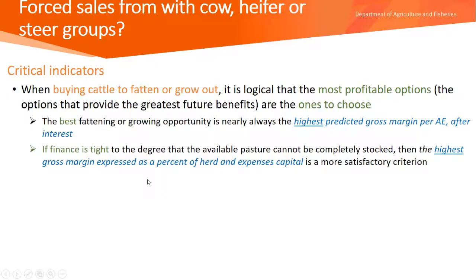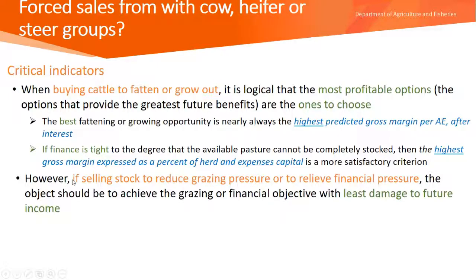Now, the other side of the coin: if selling stock to reduce grazing pressure or relieve financial pressure, then the objective should be to achieve the least damage to future income.